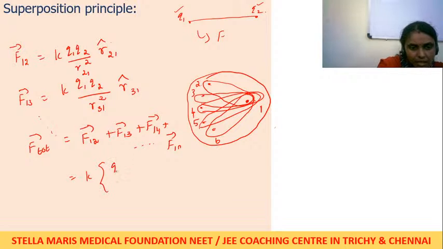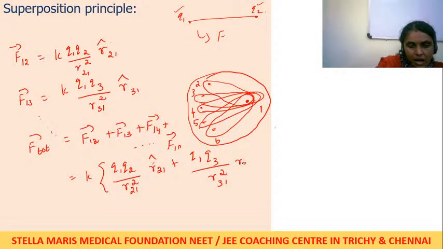Then we write Q1 Q2 divided by R21 squared R21 cap, plus Q1 Q3 divided by R31 squared R31 cap, plus etcetera, up to Q1 Qn divided by Rn1 squared Rn1 cap.